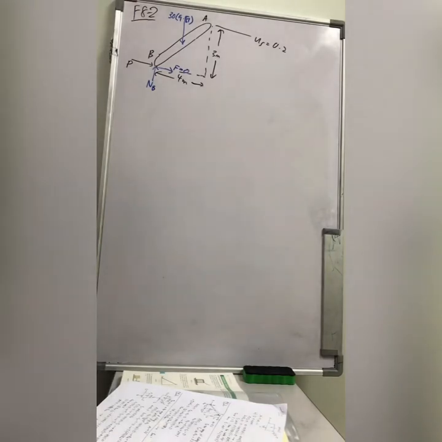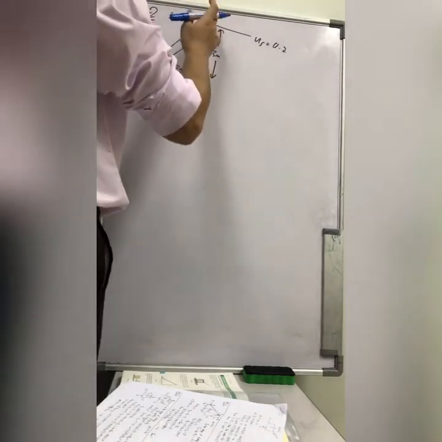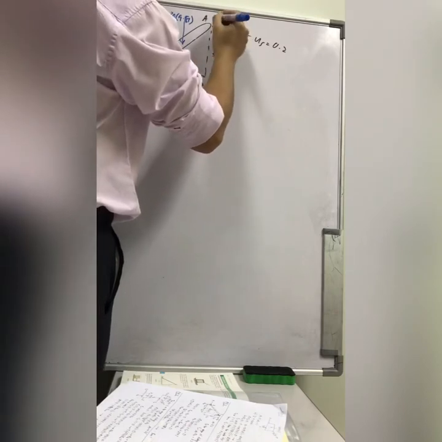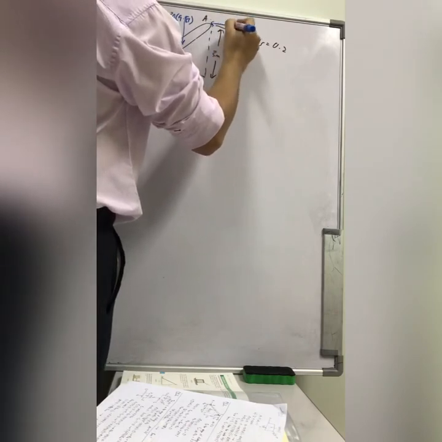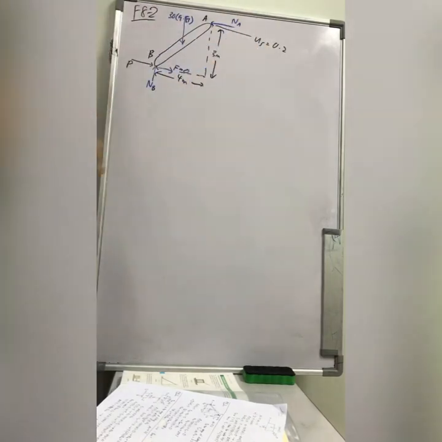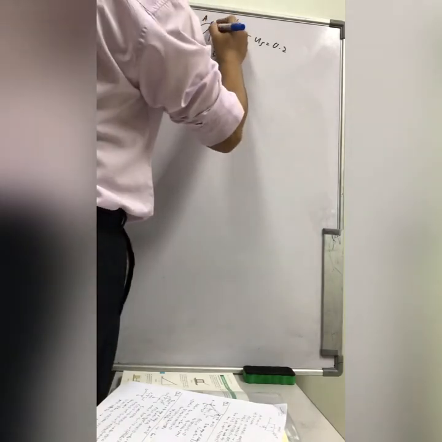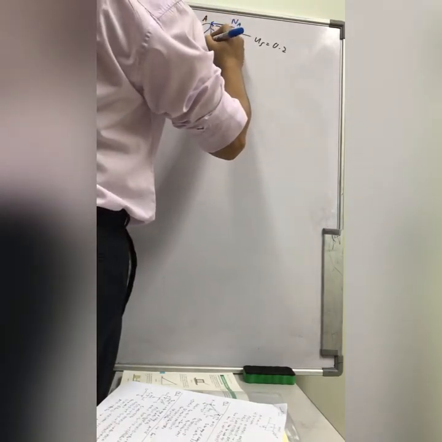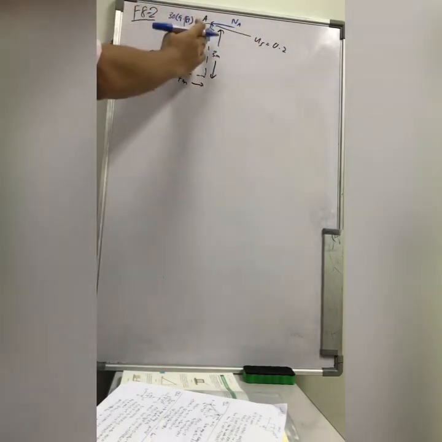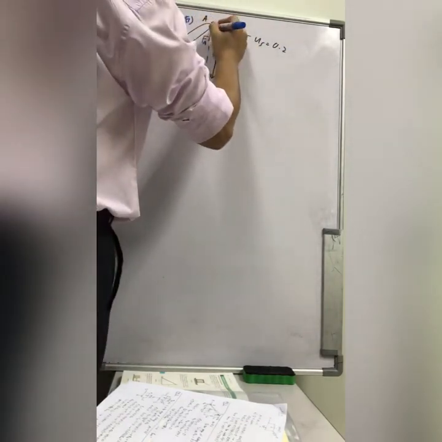And then what else do you have? At A, because it lies on the wall, you have the horizontal normal force. And you have friction, because you are told that this is not smooth, the coefficient of friction is 0.2. So there is a friction force here. Why is this FA going up?